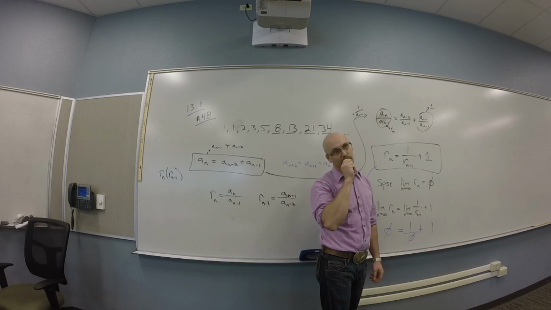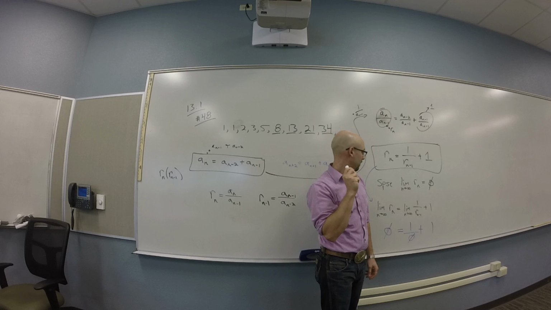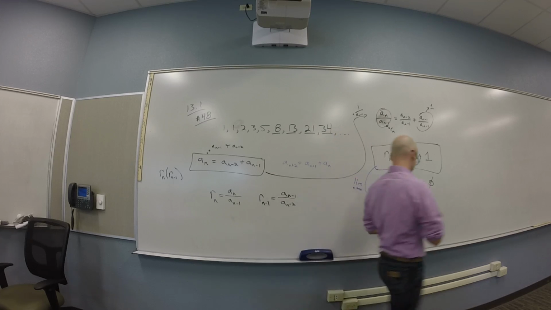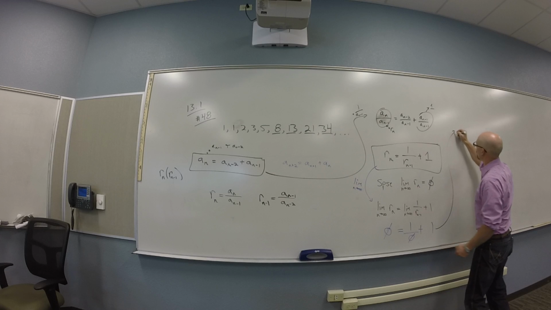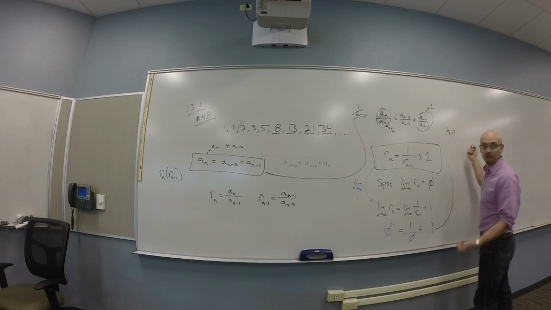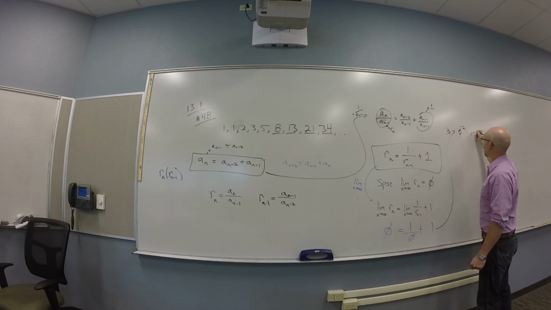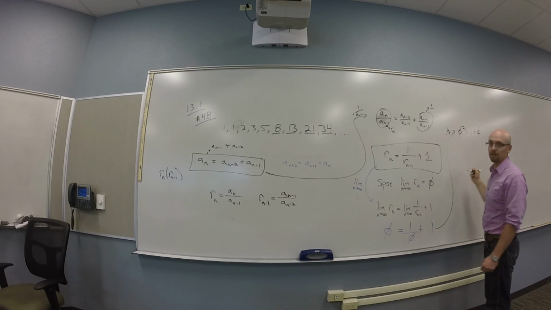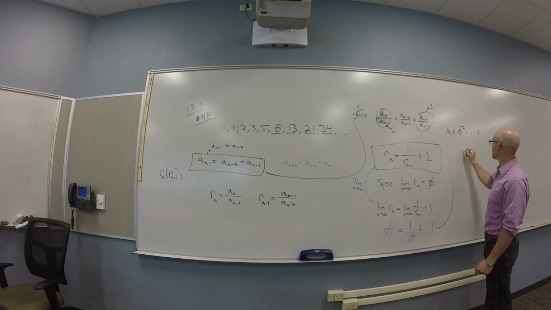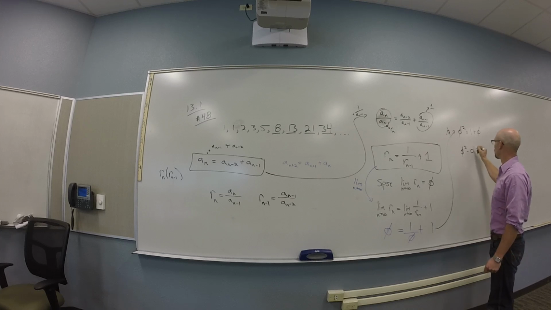Okay, but is that equation actually correct? Phi equals 1 over phi plus 1? Would that mean phi squared is 2? No. If you multiply both sides by phi to get the phi into the top, you get phi squared is 1 plus phi, which gets you phi squared minus phi minus 1 is 0.